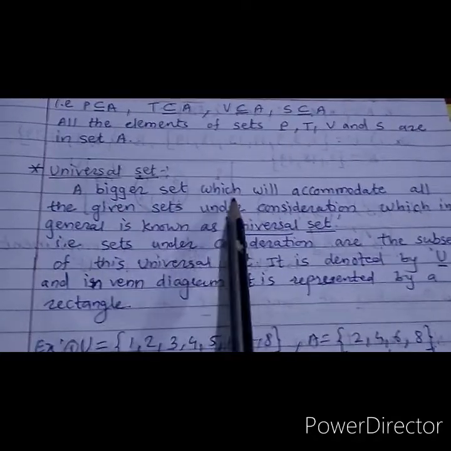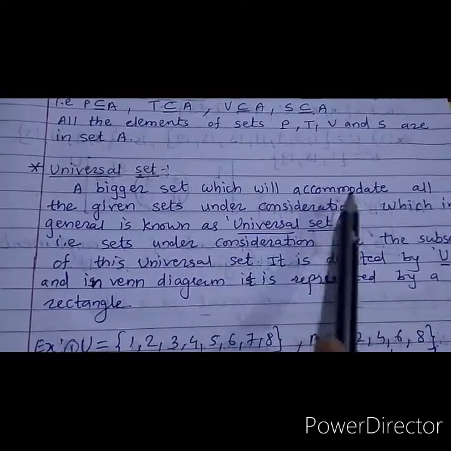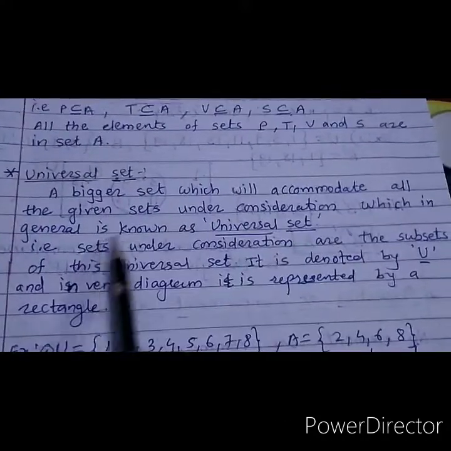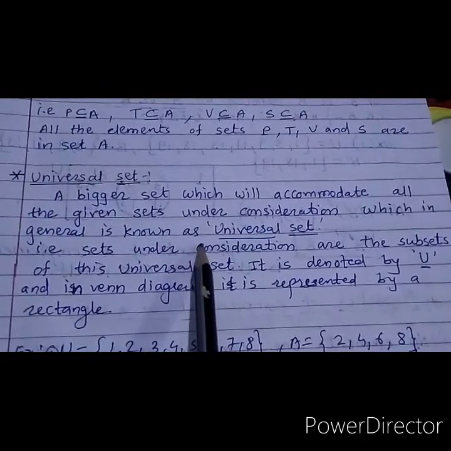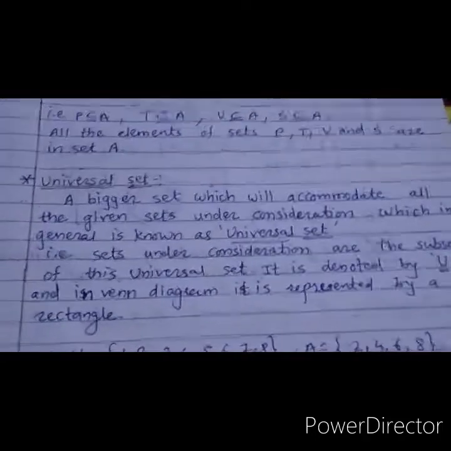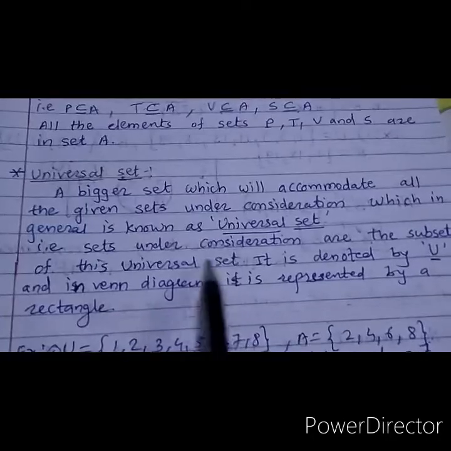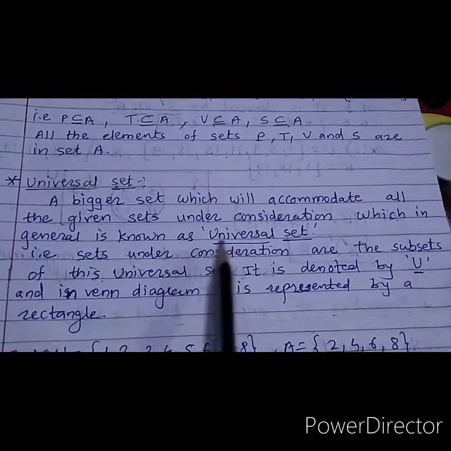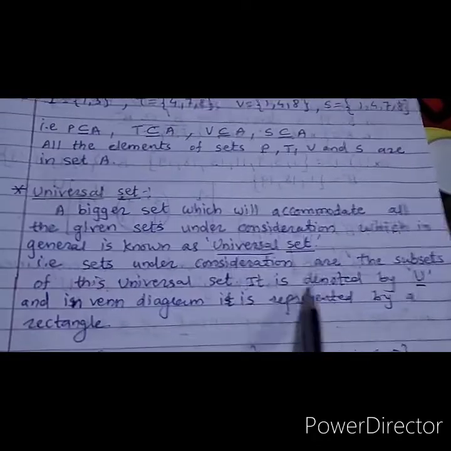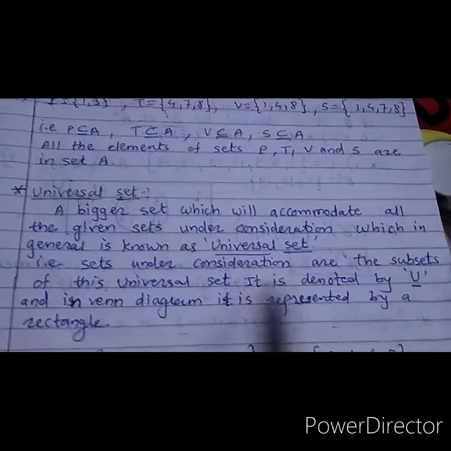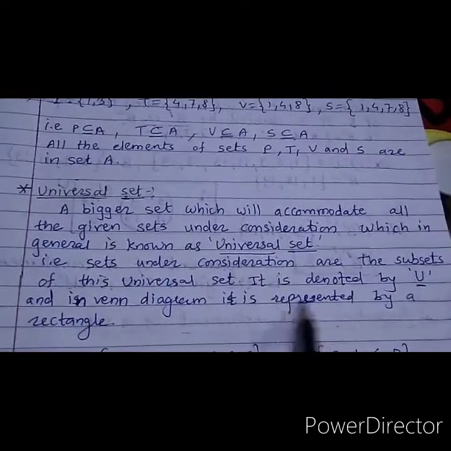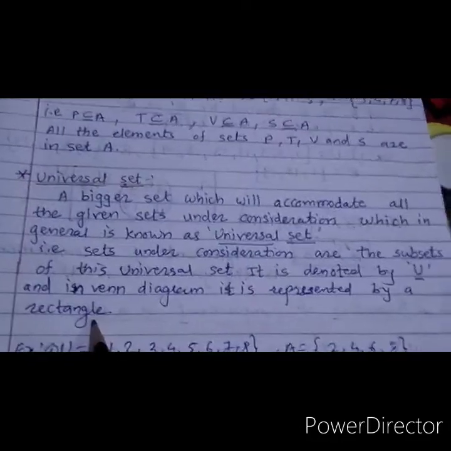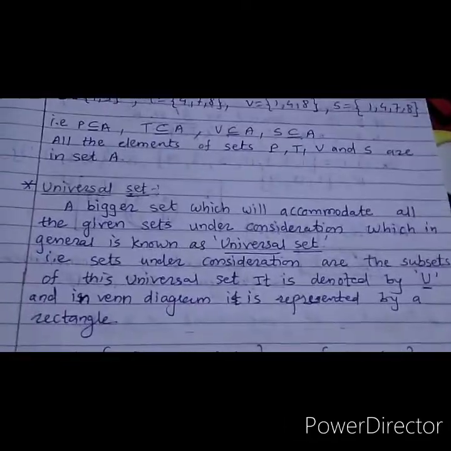A bigger set which will accommodate all the given sets under consideration is in general known as the universal set. That is, the sets under consideration are subsets of this universal set. The universal set is denoted by capital letter U. And in a Venn diagram, it is represented by a rectangle. So mostly we use a rectangle for Venn diagrams.